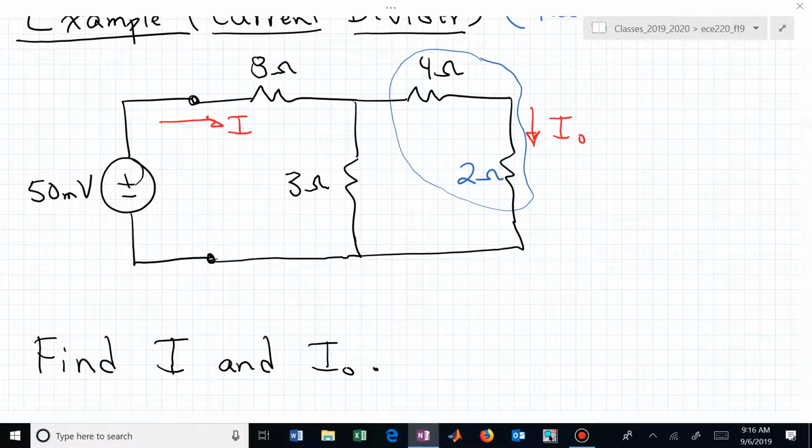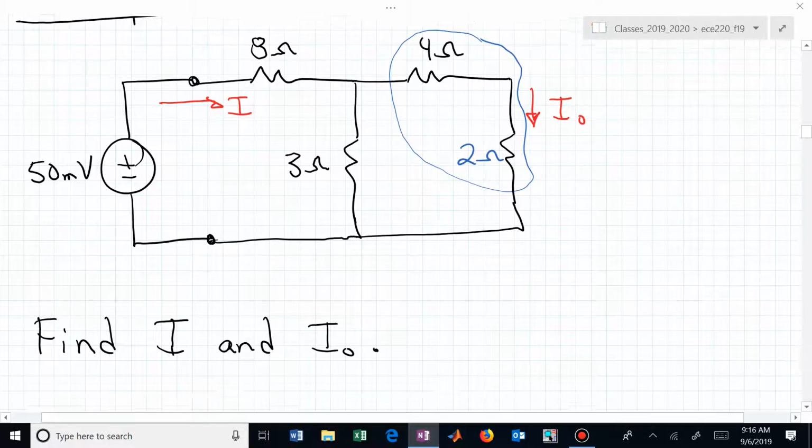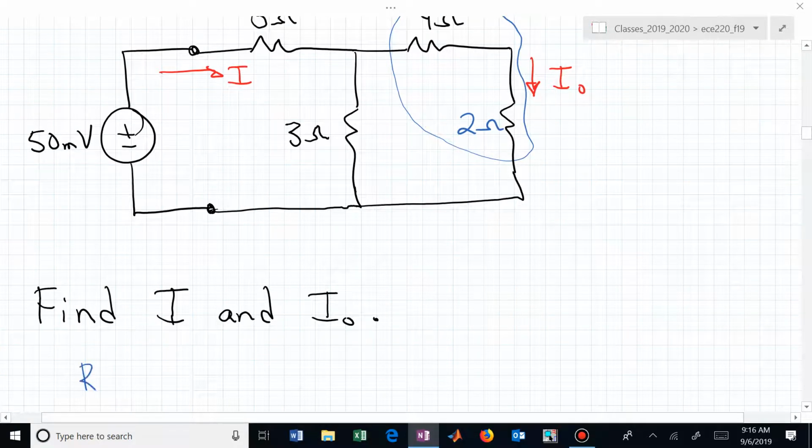And then those two resistors in series are actually in parallel with the 3 ohm vertical resistor, and that combination is in series with the 8. Or our equivalent is now 8 plus 3 in parallel with 4 plus 2.